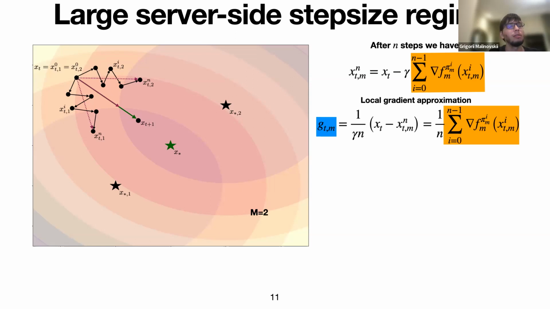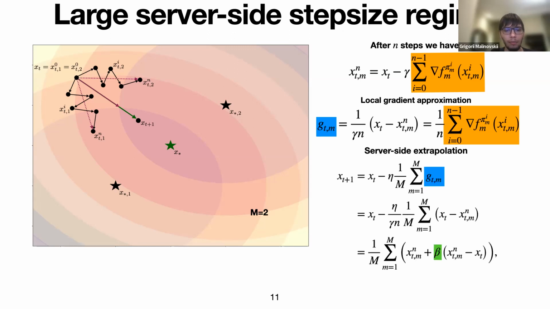Okay, and now the server performs an additional step using a large step size.